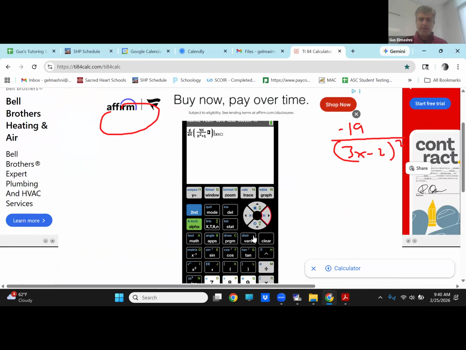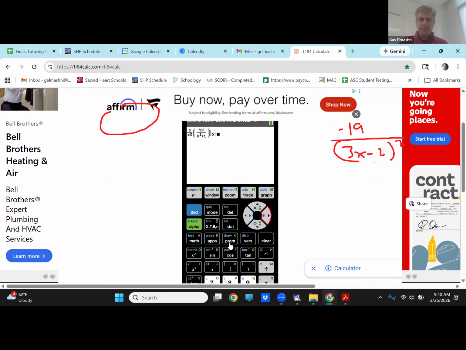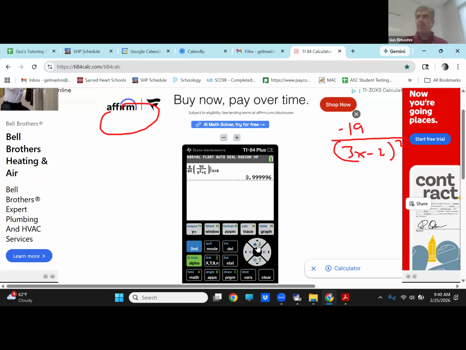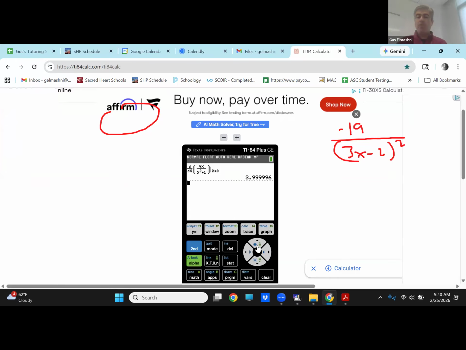And it will first evaluate at x equals 0. So did you get that? Yes, no? Yeah. Well, why does it say 3.9999999? Yeah, it's an approximation. So the four is fine.